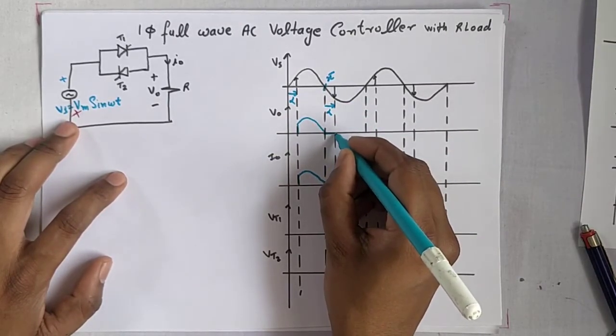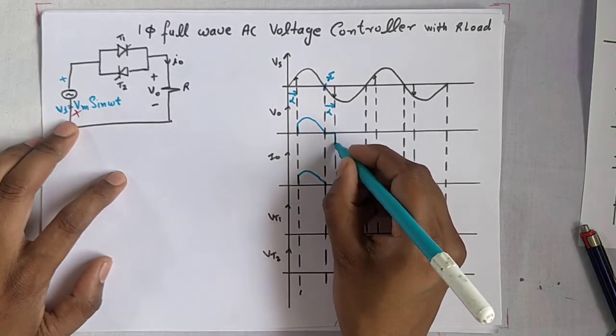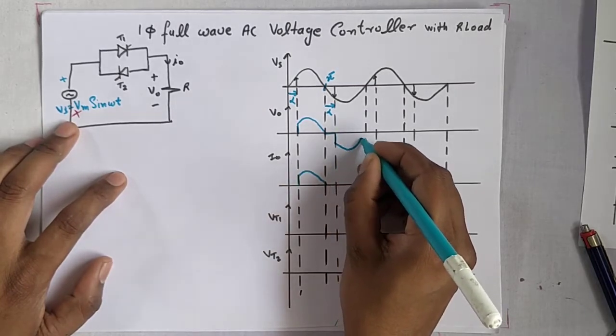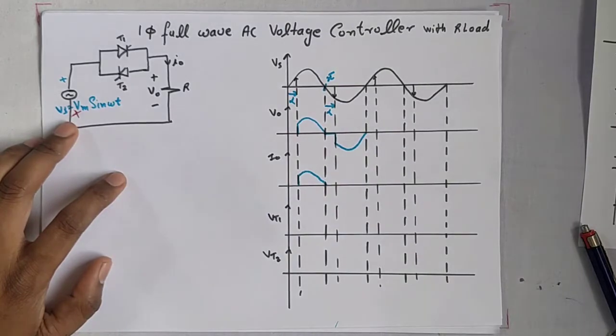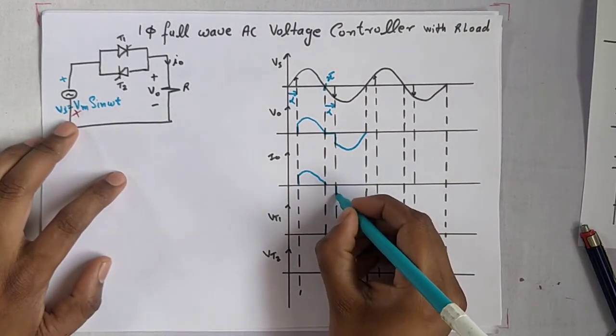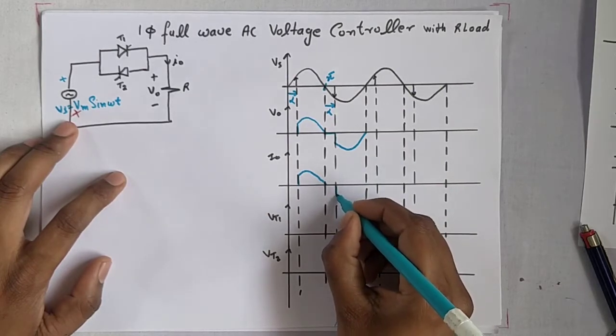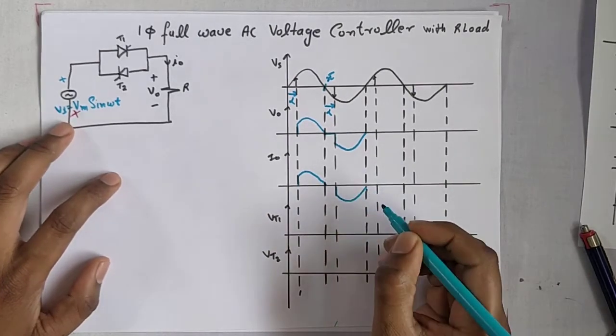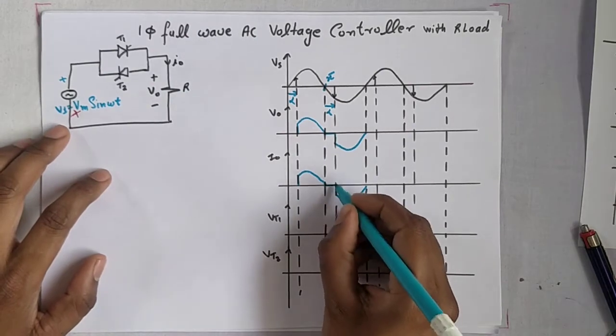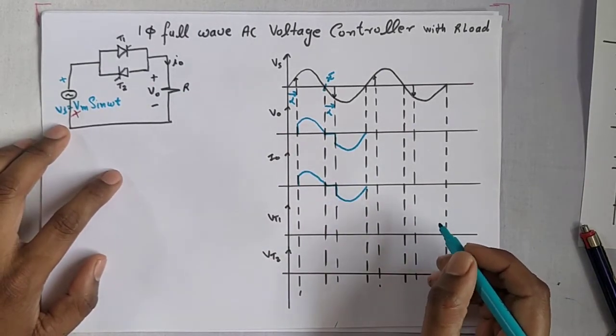So the output will be the same as the input, and for a resistive load the current will be exactly the same as the voltage. So this is the output current and voltage waveform.